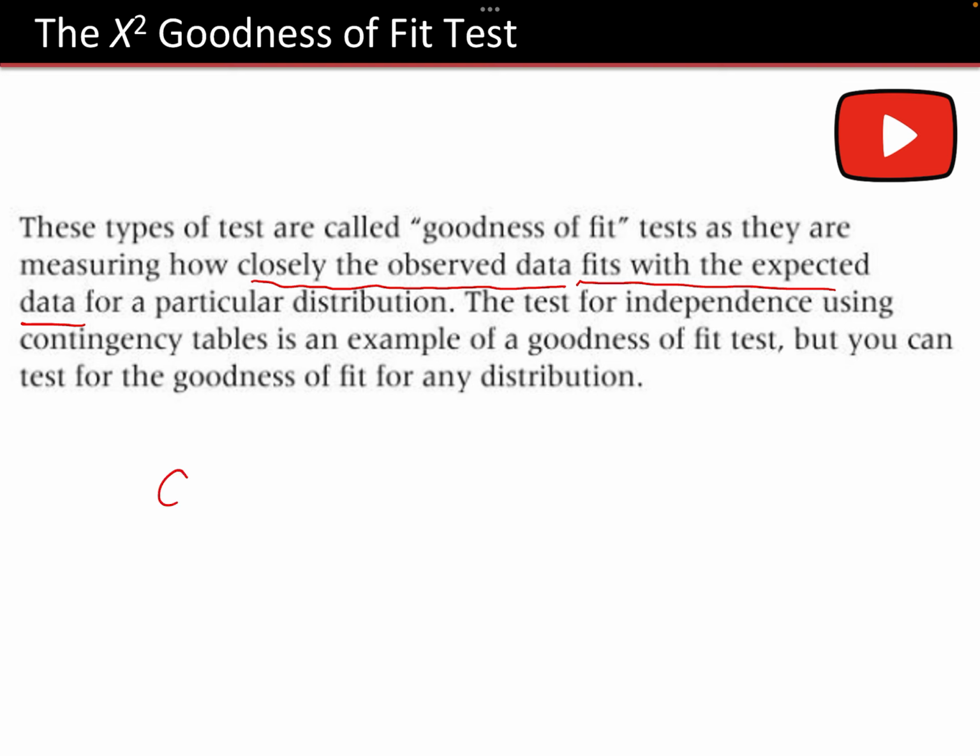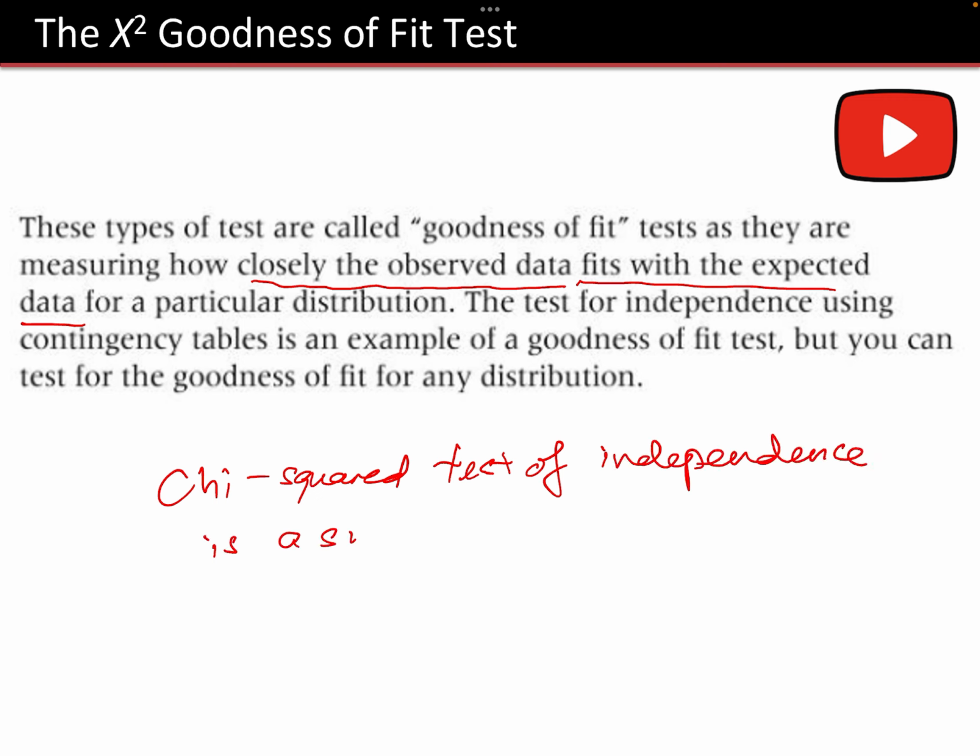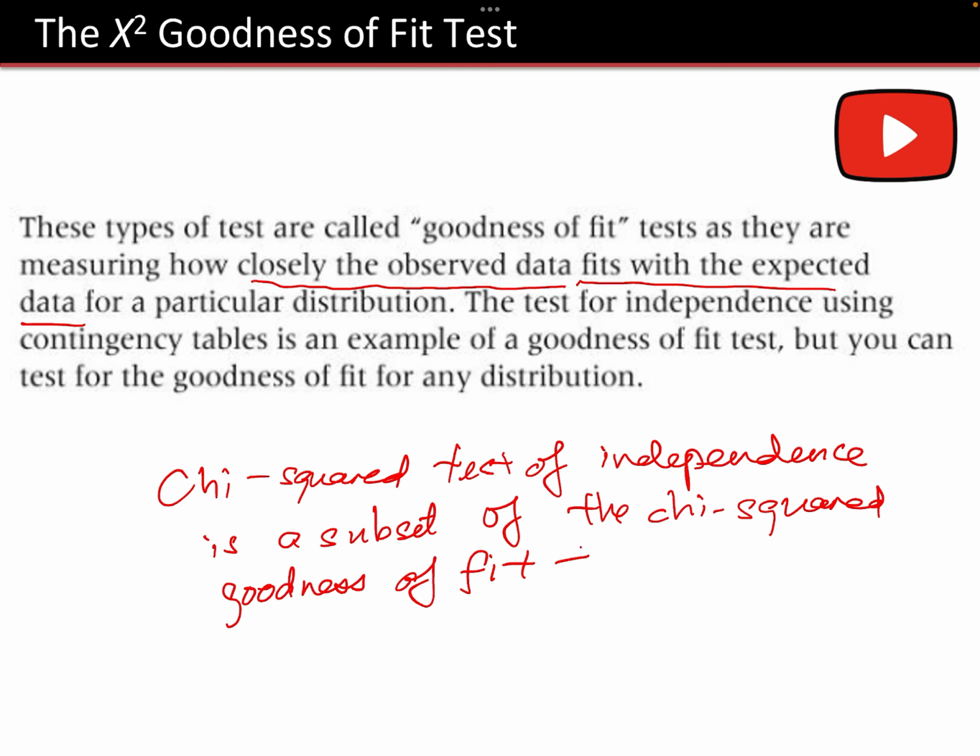Let's just put it this way: the chi-square test of independence is a subset of the chi-square goodness of fit test. So basically, the chi-square goodness of fit test is a bigger test, and the chi-square test of independence is just one of the elements of the goodness of fit test.